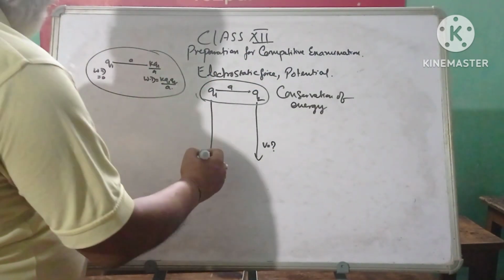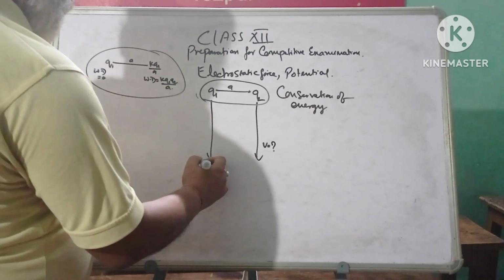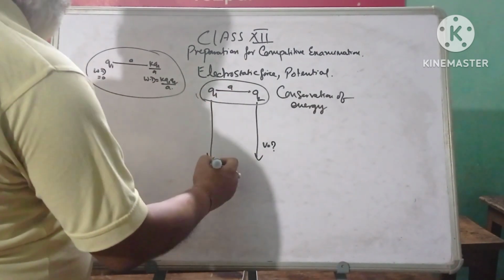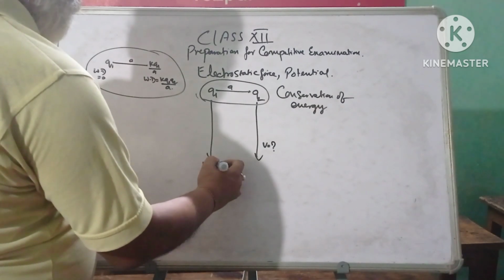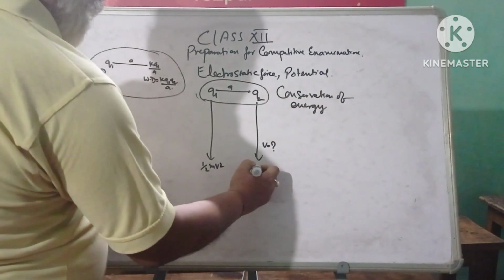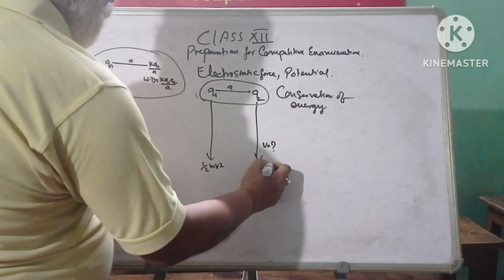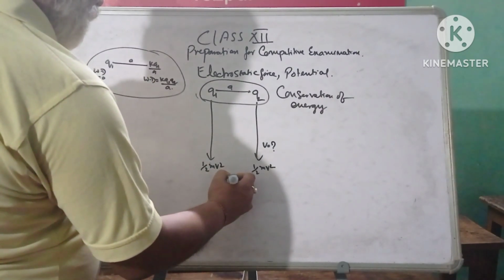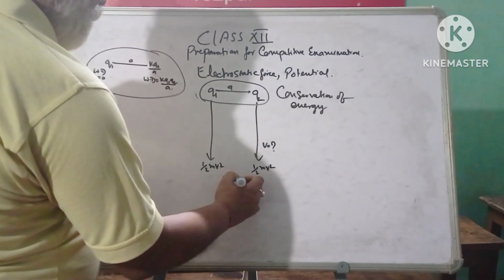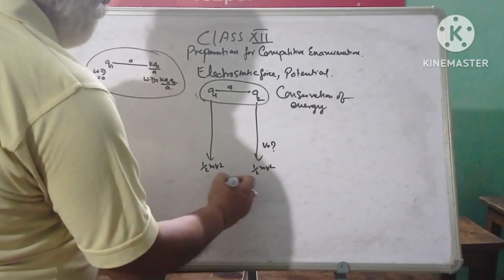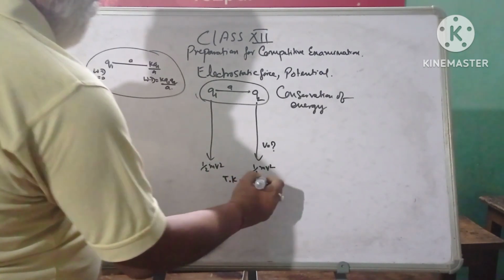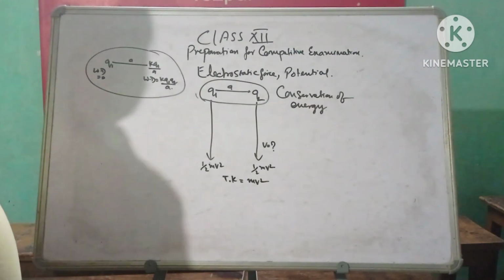So the kinetic energy will be half m v square and half m v square, let both the masses be the same. So the total kinetic energy will be this plus this, it will be m v square.